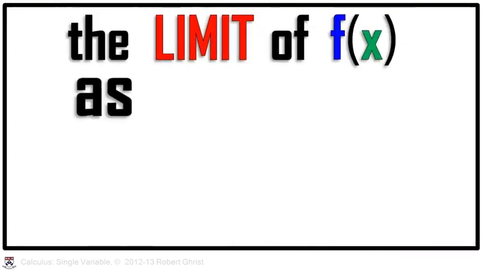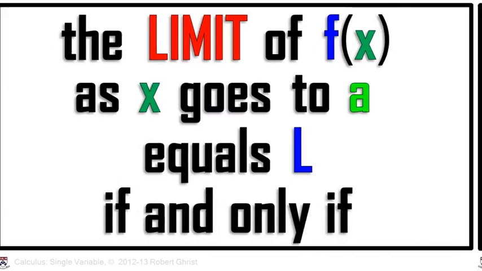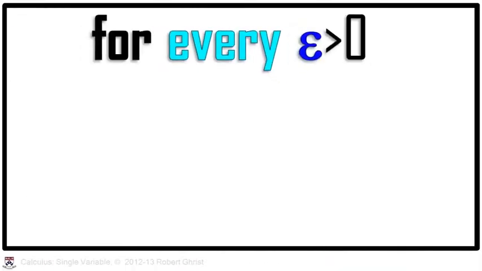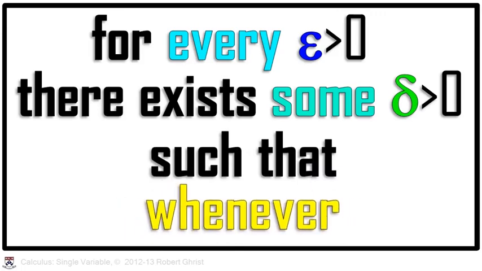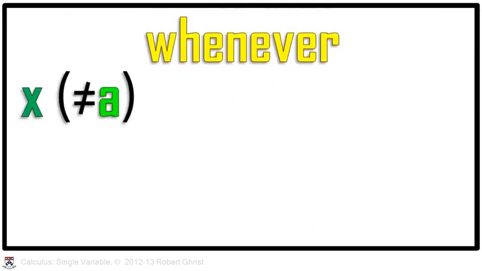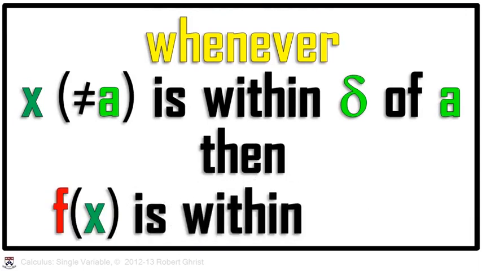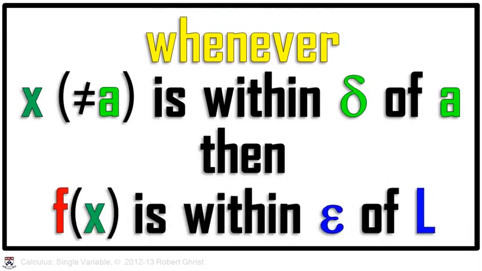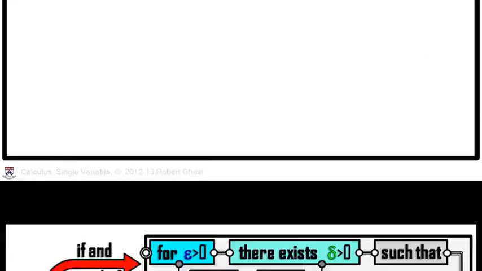What is it? The limit of f of x as x goes to a equals L if and only if, for every epsilon greater than 0, there exists some delta greater than 0, such that whenever x not equal to a is within delta of a, then f of x is within epsilon of L. That is a bit of a mouthful, and a lot of students have difficulty with it.